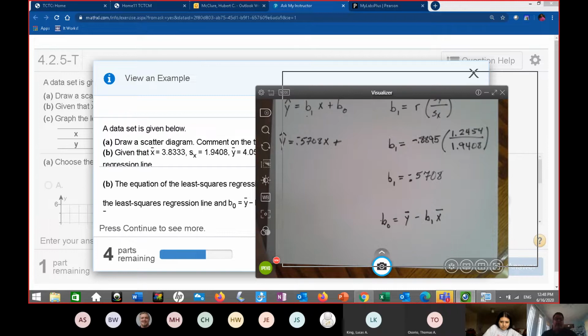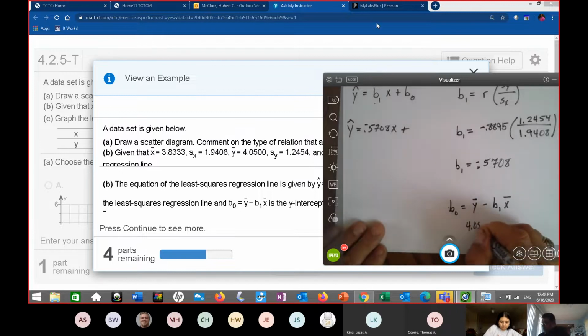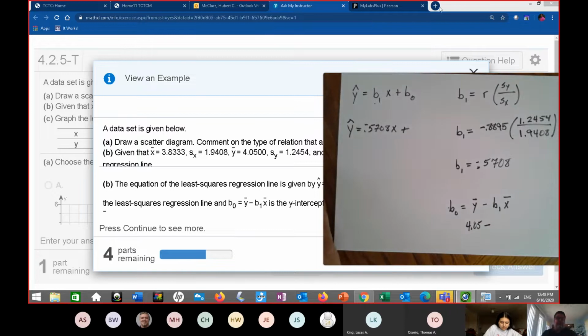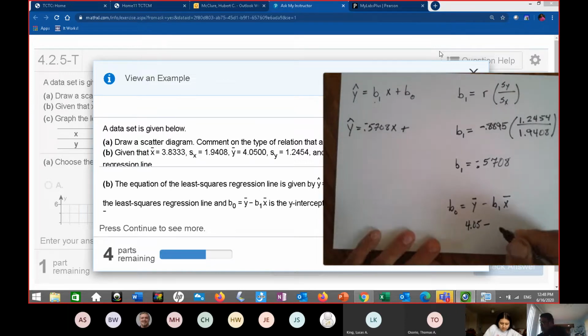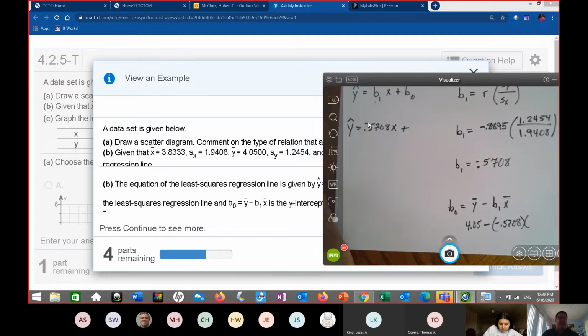So we need y bar. Y bar is 4.05. 4.05 minus b sub 1, we got negative 0.5708, times x bar, and x bar is 3.833.